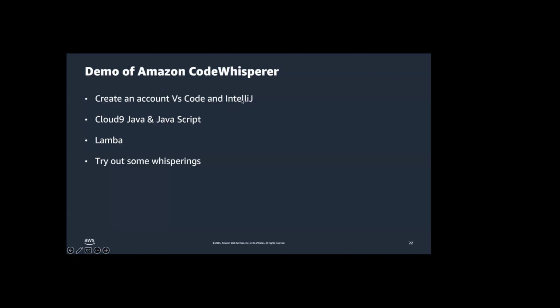But I'm not going to show you that. I just wanted to call out that with VS Code and IntelliJ, there's some extra integration you have to do to get it to work. You have to create this account and stuff like that. When you use the internal AWS tools, it's a little bit easier. It's more integrated with Cloud9 and Lambda. So those are the 2 that I'm actually going to show you.